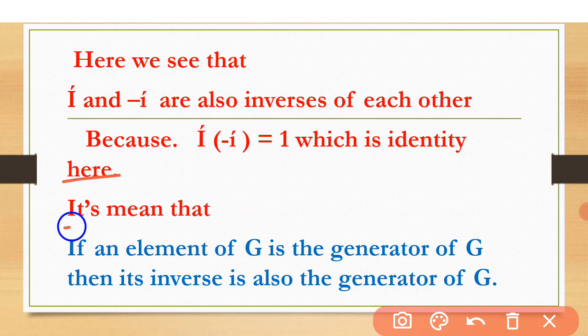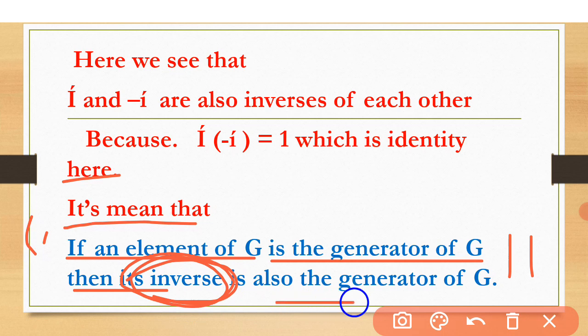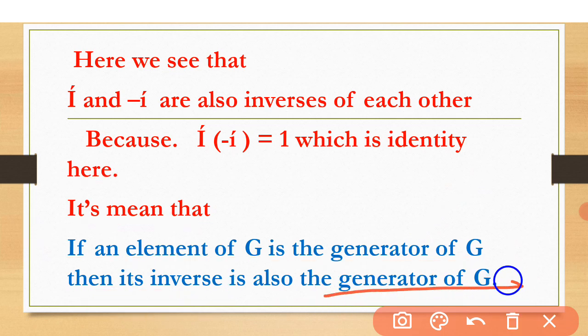So we have concluded a statement here. If an element of G is the generator of G, then its inverse is also a generator of G.